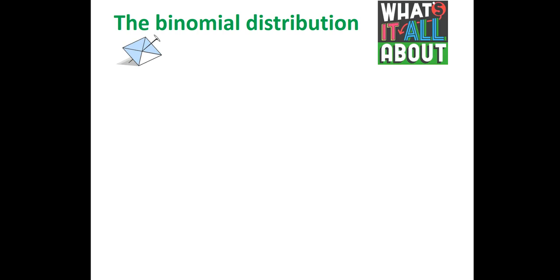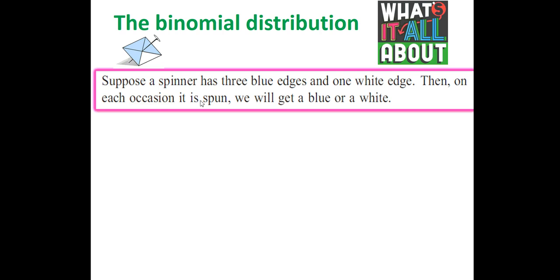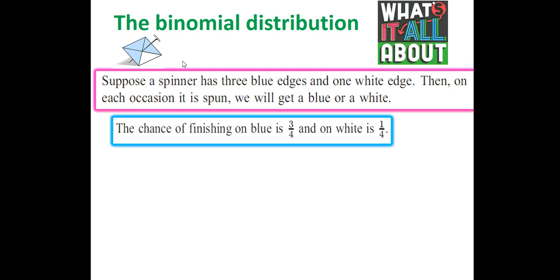Here we have an example of a spinner. Suppose a spinner has 3 blue edges and 1 white edge, and they're of equal size. Then on each occasion it is spun, we will get a blue or a white. The chance of it finishing on blue is 3/4, because 3 of the 4 sides are blue, and one of the 4 sides is white.